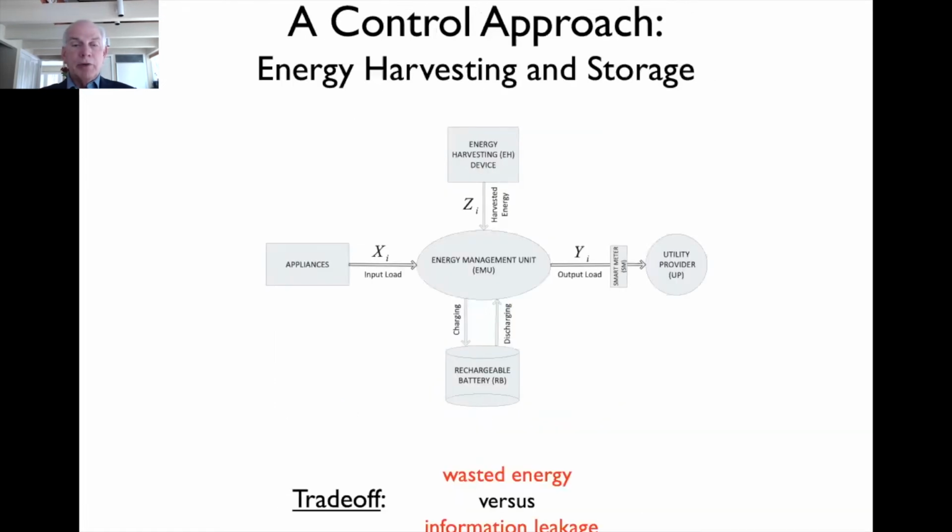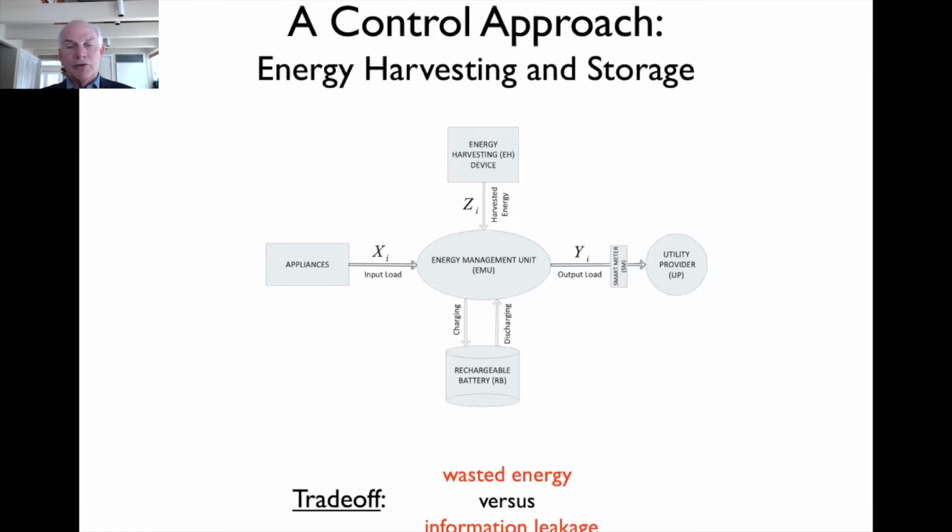Now, I'm going to go very briefly over the rest because I'm running low on time, but if we have a battery, we can also use control of the battery to trade off utility and privacy. In this case, in order to get privacy, we have to waste some energy. So here we trade off wasted energy versus information leakage.